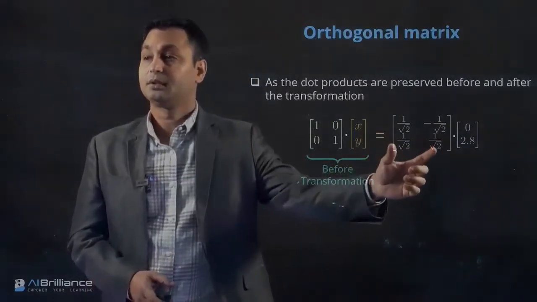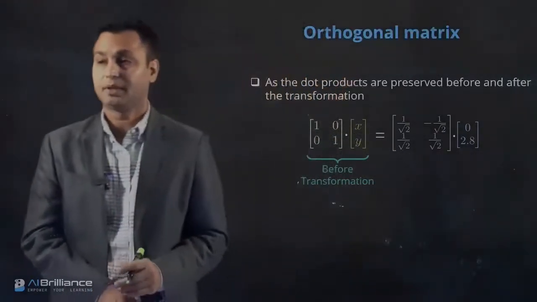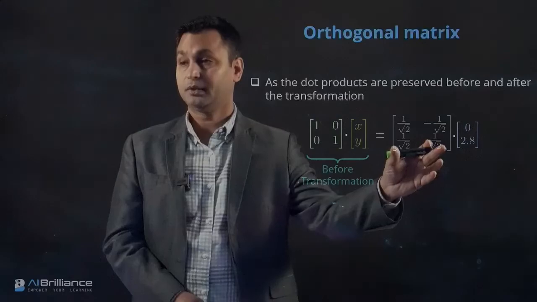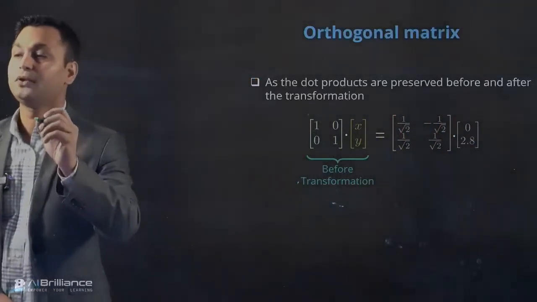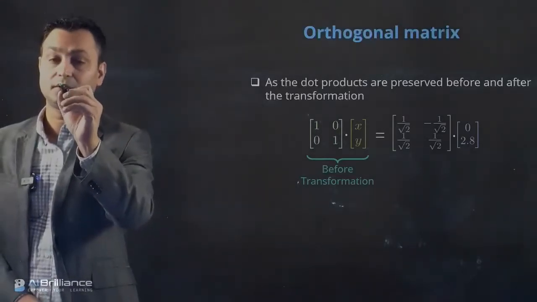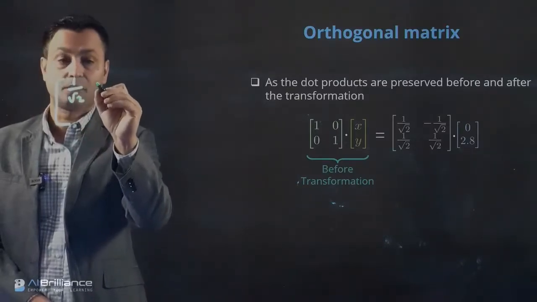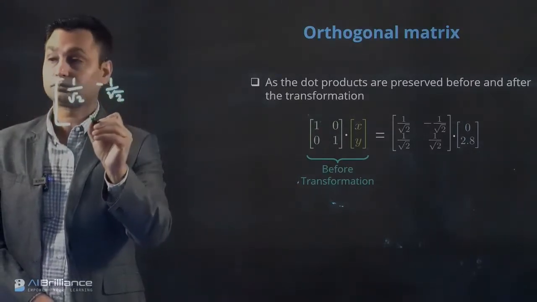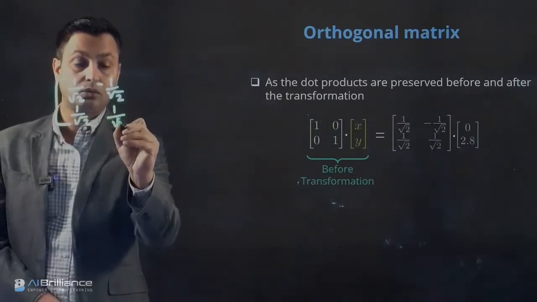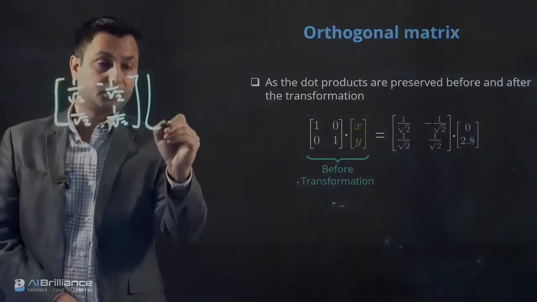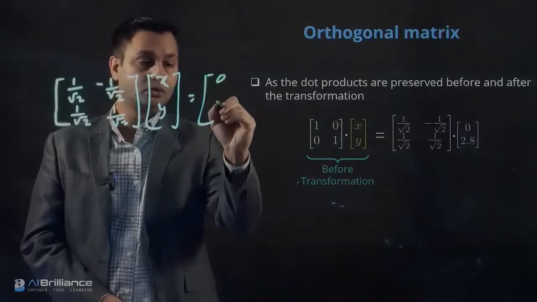Here you can see the equation was given by this matrix, 1/root 2, minus 1/root 2, 1/root 2, 1/root 2, multiplied by x y, equal to 0, 2.8.